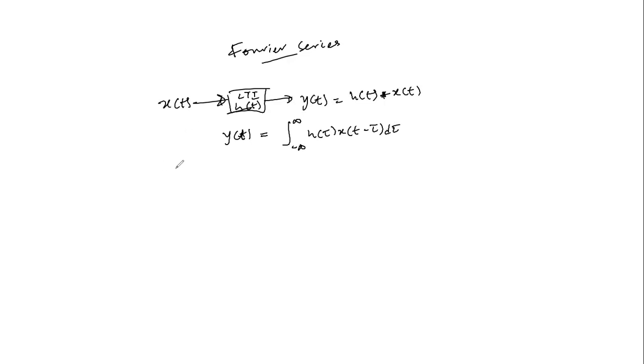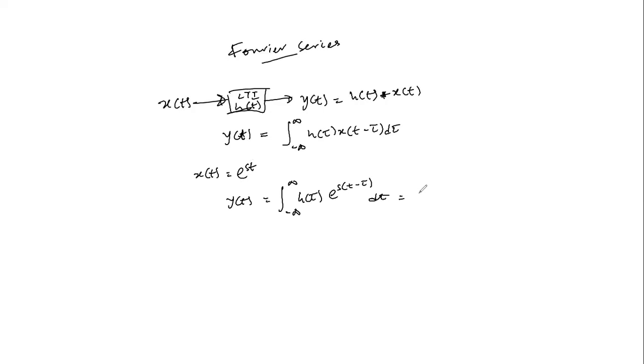So, when the eigenfunction s of t is the same as e to the st as previously defined, we observe that the convolution sum reduces to the sum of the weighted complex exponentials. That is, y of t is the same as the integral from negative infinity to infinity of h of tau e to the s times t minus tau d tau.